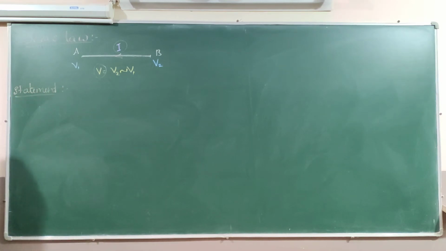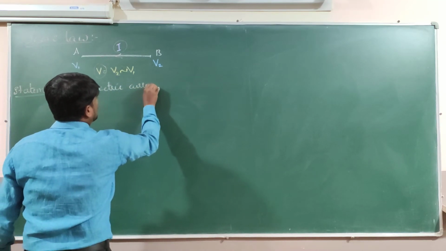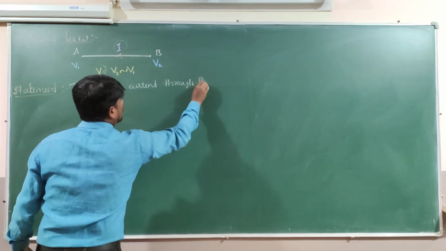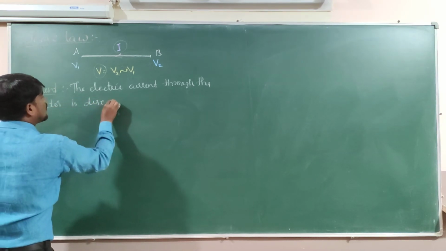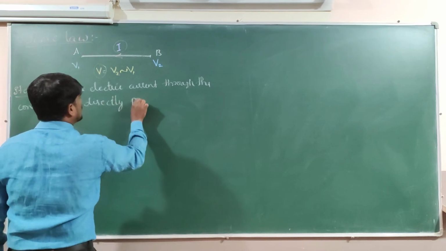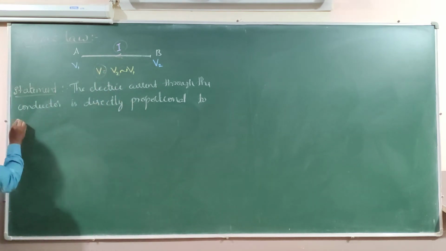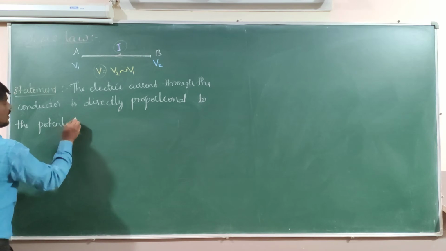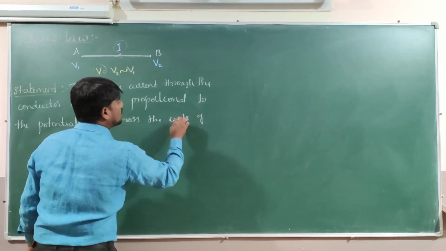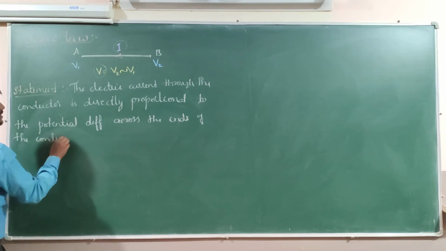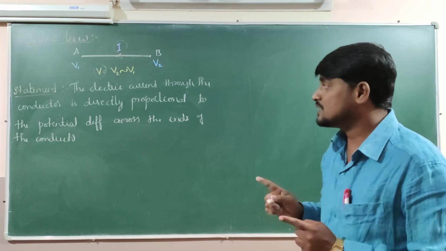He said that the electric current through the conductor is directly proportional to the potential difference across the ends of the conductor.